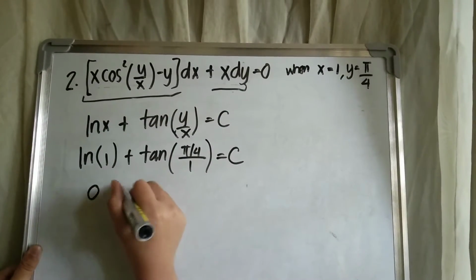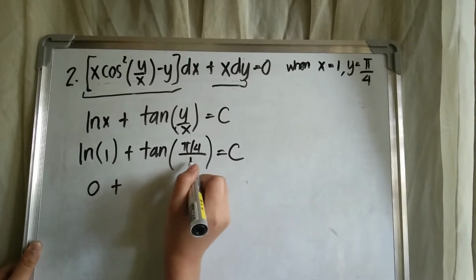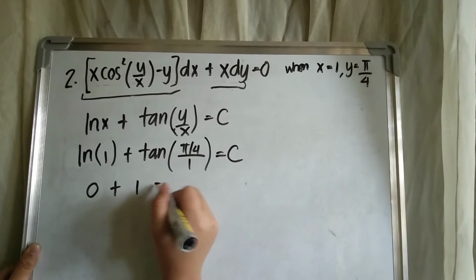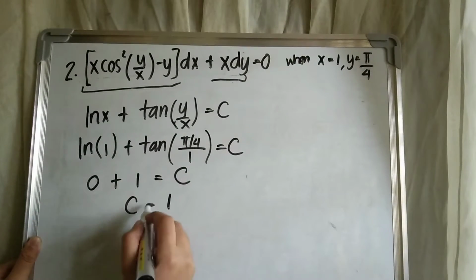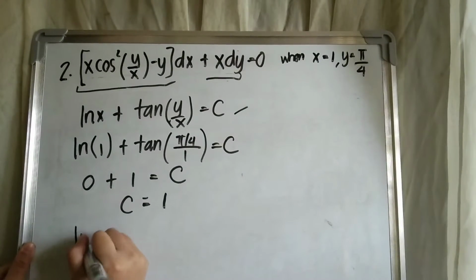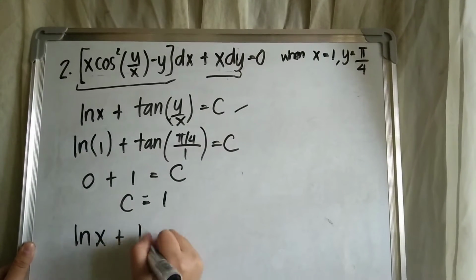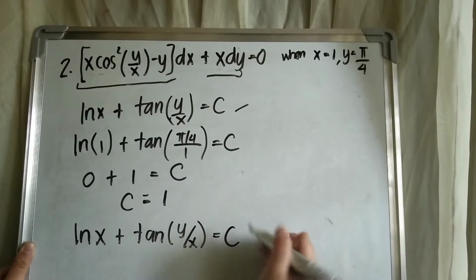This will become 0 plus tan of pi over 4, which is 1, divided by 1, that will be 1, equals c. So our c here is equal to 1. And substitute the value of c to our general solution. So ln x plus tan of y over x equals 1.